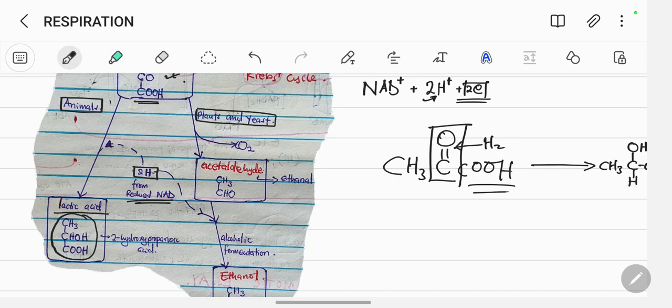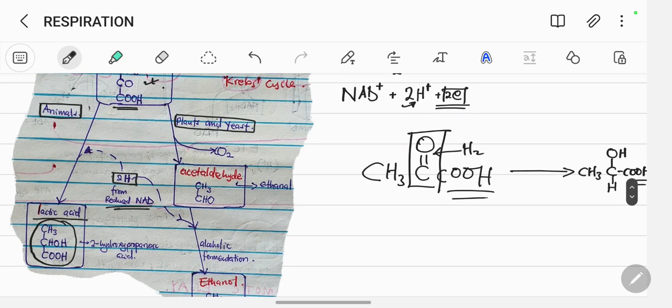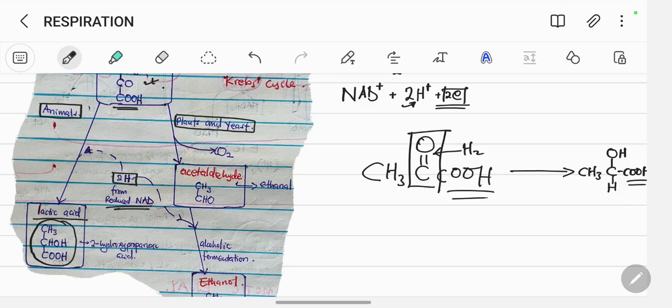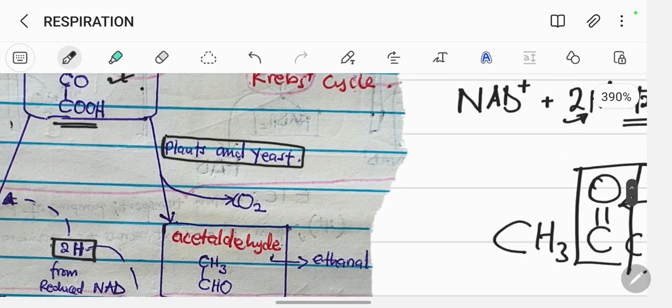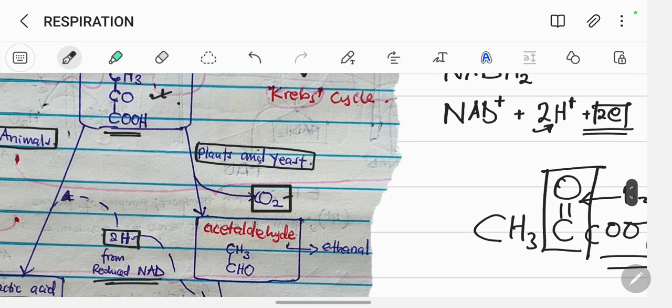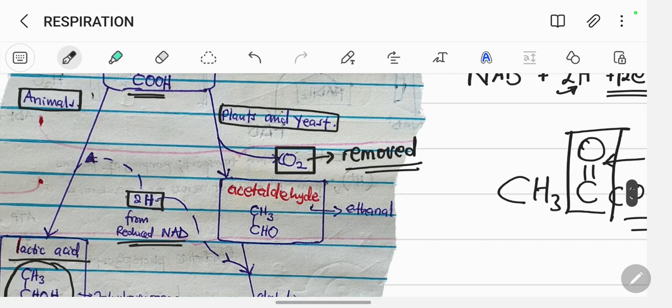So that is it. Then we move on to fermentation in plants. So under fermentation in plants and yeast, we are seeing that pyruvic acid is first decarboxylated. Carbon dioxide is first removed. We call this decarboxylation in organic chemistry.